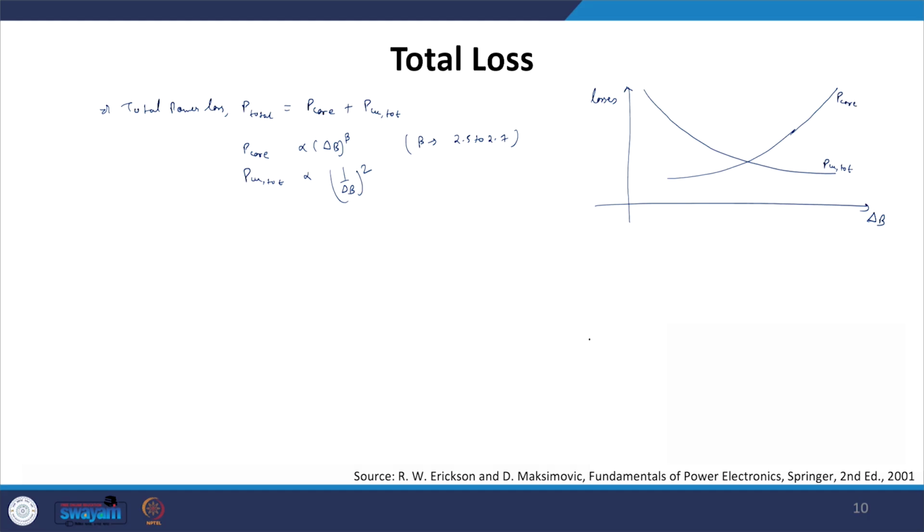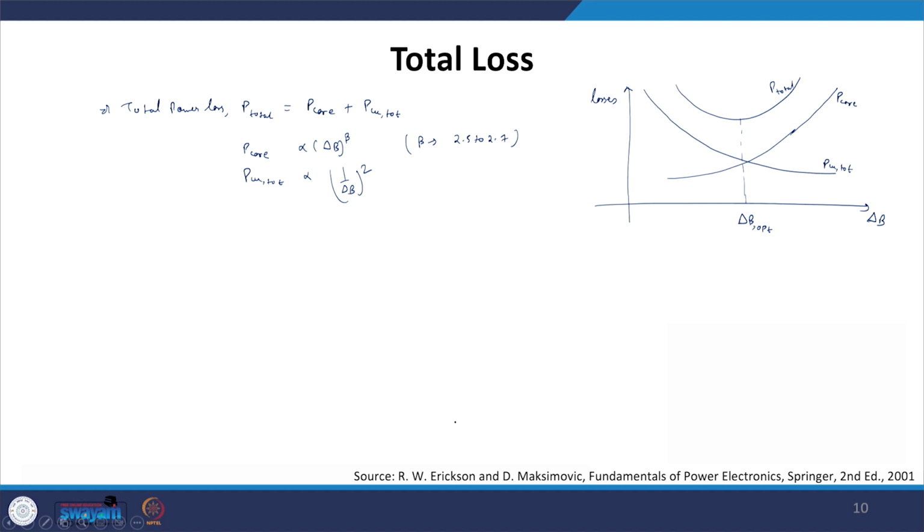When we sum these to obtain the overall total loss, which is our P total, we will see that there is some minimum value of this P total, and that particular point is the optimum value of delta B.